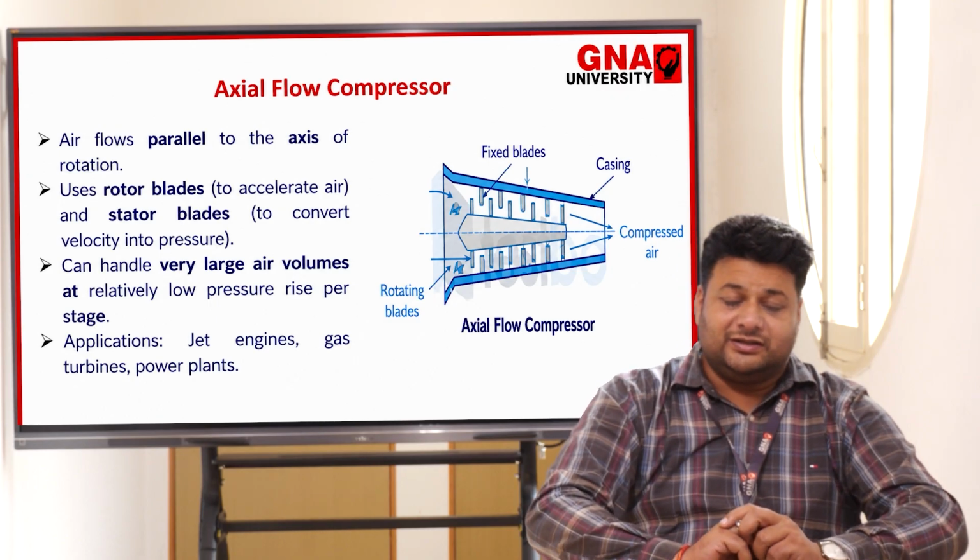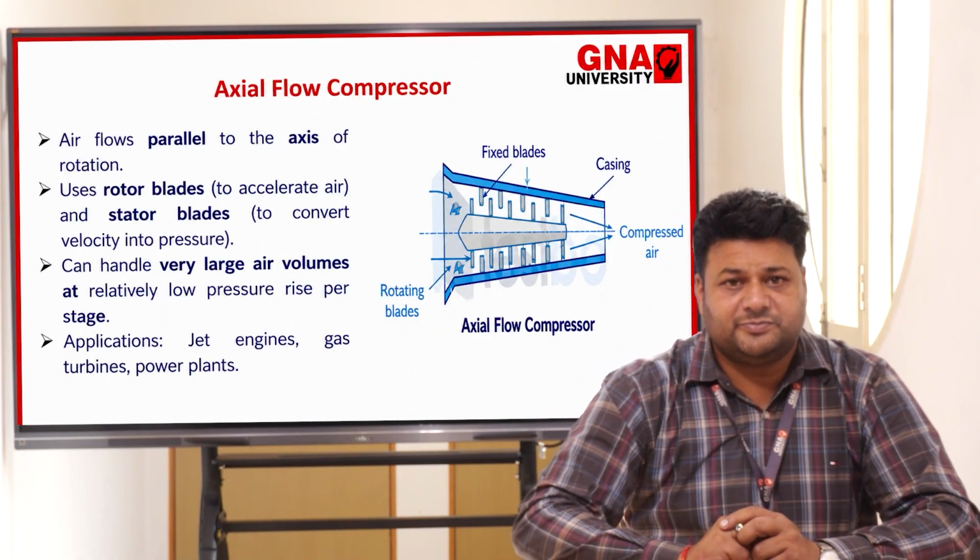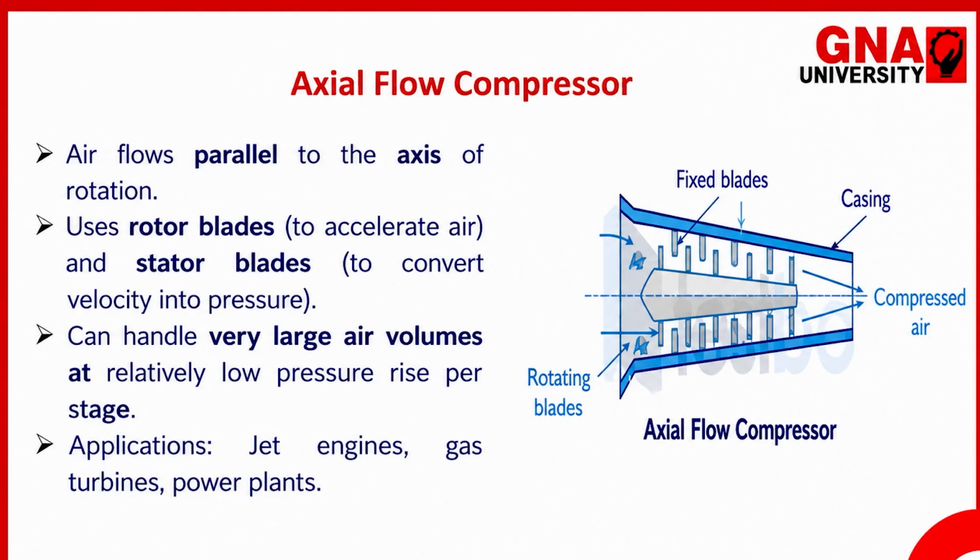So the next type of positive displacement compressor is the screw type compressor. So this is the construction of the screw type of compressor. It has two meshing screws. As you see in the figure, there are two intermeshing screws.